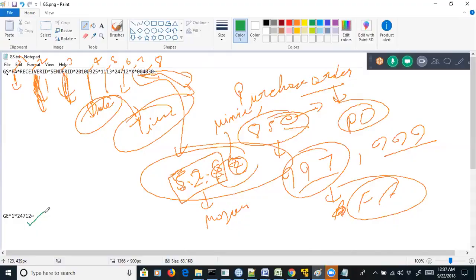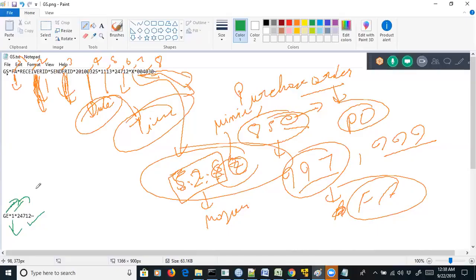Come to the GE. GE is your group trailer. So GE is your segment identifier. Then, you have to listen to this: this number is the count of the number of STs in your GS.